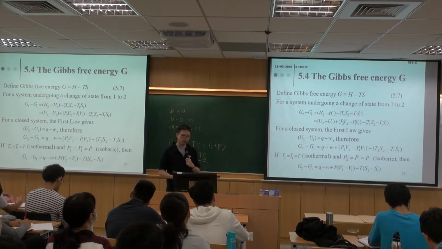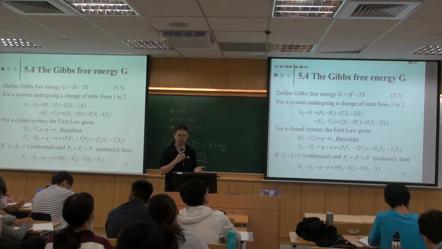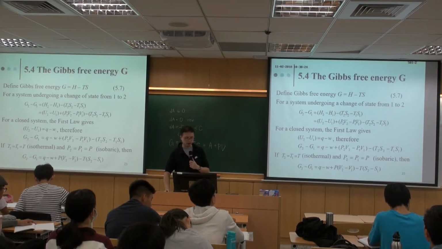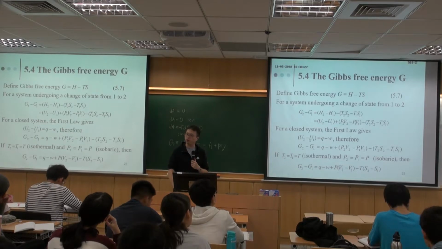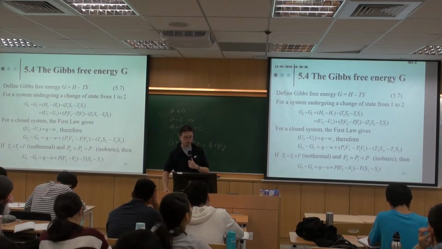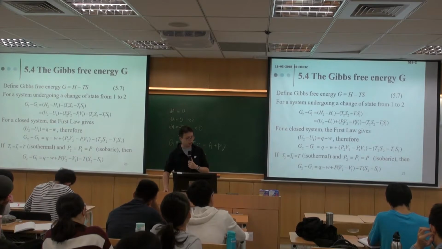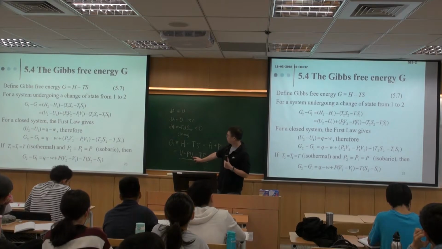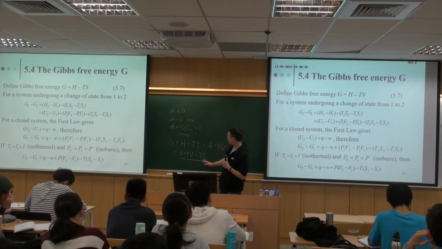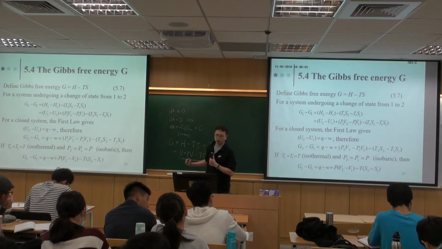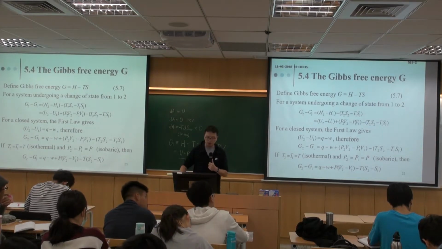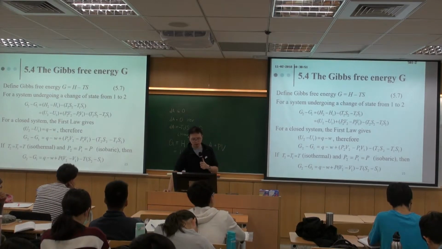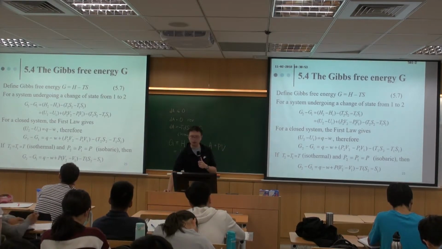So for a system going through a change from state 1 to state 2, based on the first law, again, this is a similar derivation as what we went through for the Helmholtz free energy. We have all these three changes: the change of internal energy, the change of P times V, and the change of T times S. For a closed system, we know that the change of internal energy is Q minus W, the heat supply and the work done by the system.